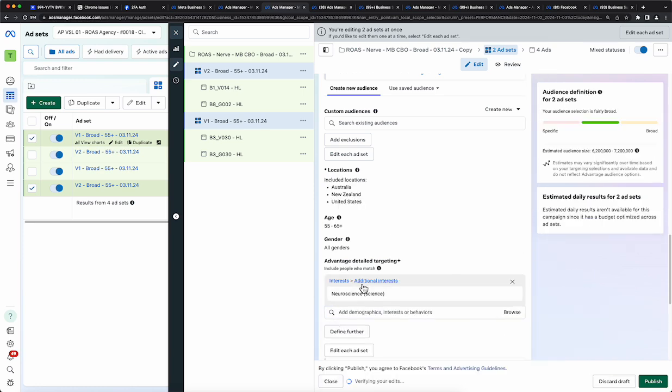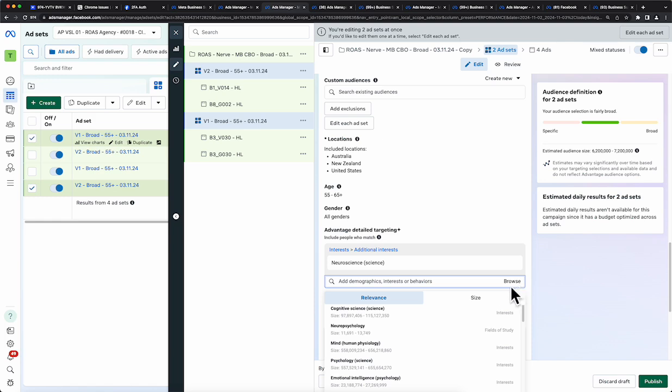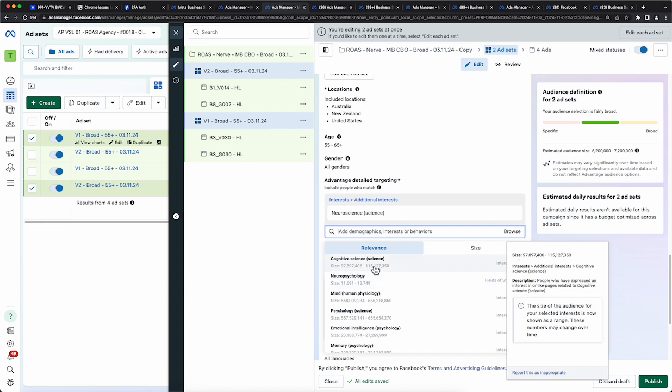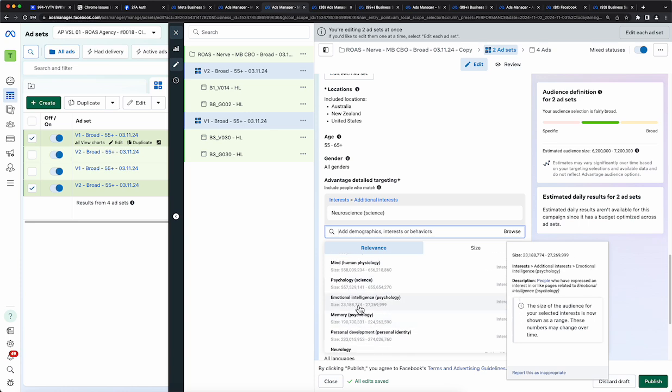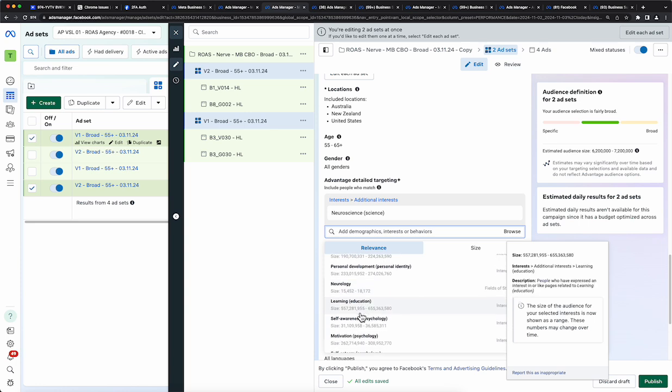So what we can do is select it, and usually on this ad account you just click here and you can see relevance. So cognitive science, mind, psychology, emotional intelligence, memory. See, it's all brain related, but it's not related to neuropathy. Personal development, neurology, learning, self-awareness, motivation, self-esteem, quality of life, coaching, education.